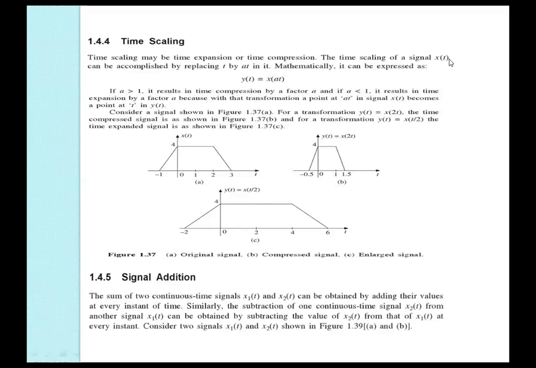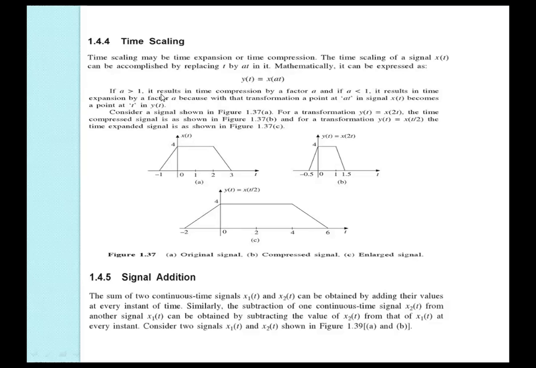The time scaling of a signal x of t can be accomplished by replacing t by a into t, where a is the scaling factor for the t value. Mathematically, it is expressed as y of t is equal to x of a into t.